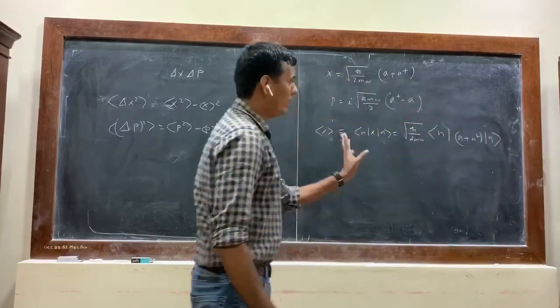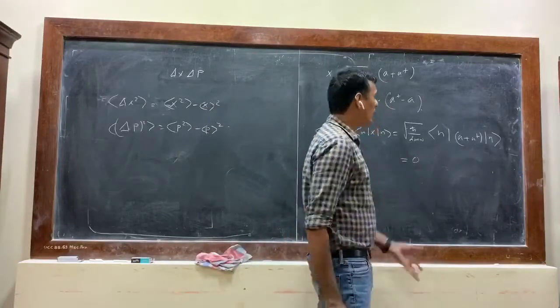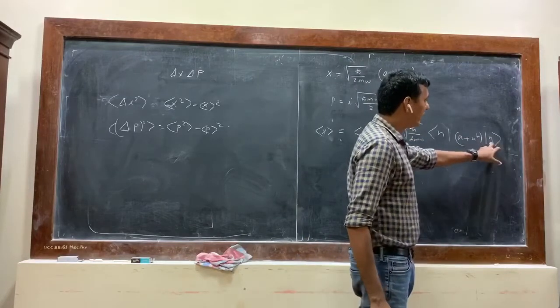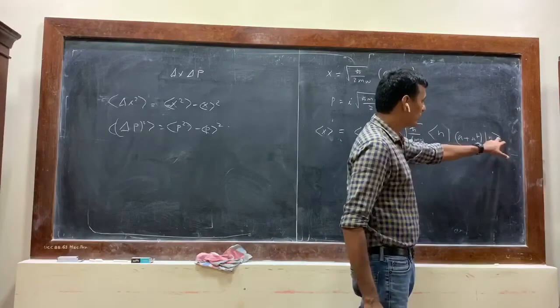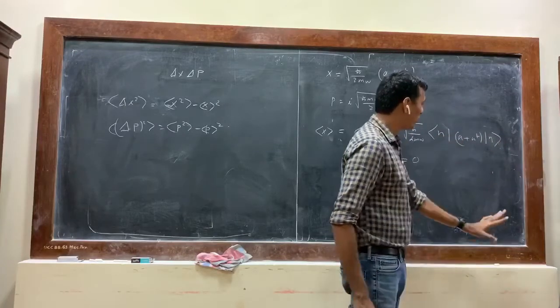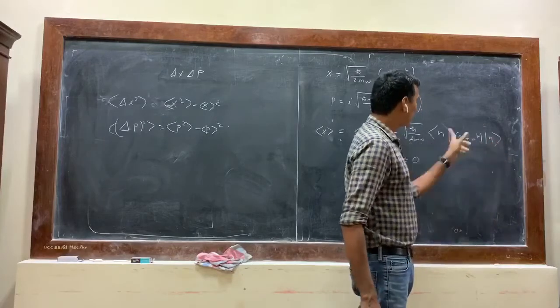I'm not going to evaluate this, but I'll just argue that it is 0. This has to be 0 because a dagger acting on n takes the state n to the n plus 1 state, and n and n plus 1 are orthogonal states, so that term won't contribute. Similarly, a will take n to n minus 1 state, so that will also be 0.